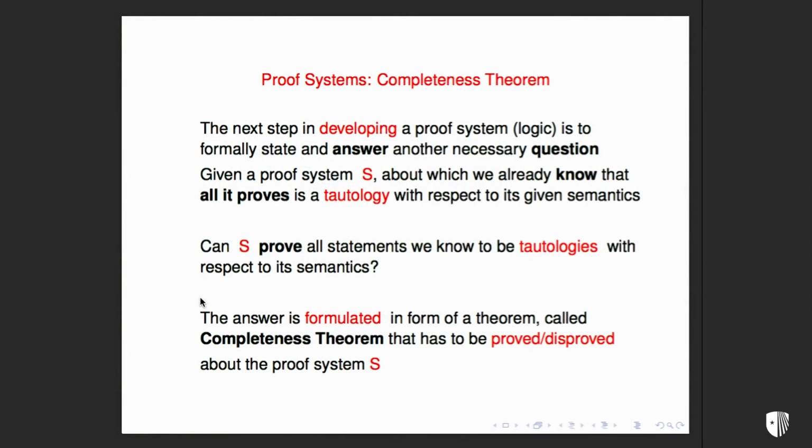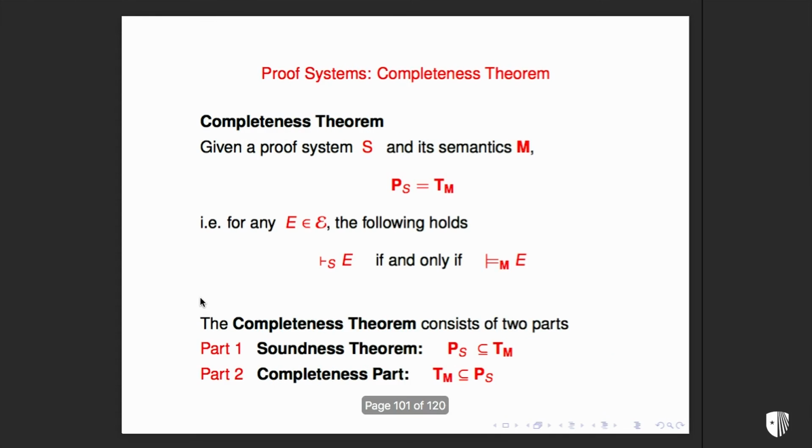So now the question is, we have a sound proof system. It means anything we prove in the system is true under the given semantics. Can S prove all statements we know to be tautologies with respect to its semantics? That is called the completeness theorem.